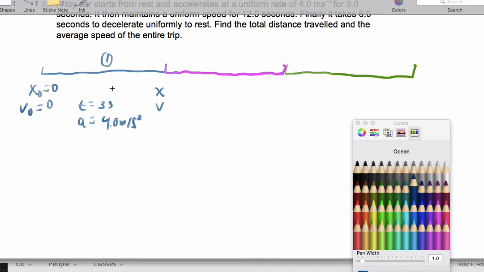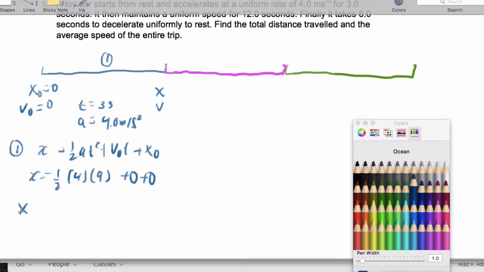At each leg of the trip, I'm going to solve for all of the unknowns. So I will say x is 1/2 at squared plus v naught t plus x naught, just to see how far it goes. So x is going to be 1/2 times 4 times 9, because it's 3 squared, plus 0 plus 0. So it looks like we cover 18 meters in the first leg.